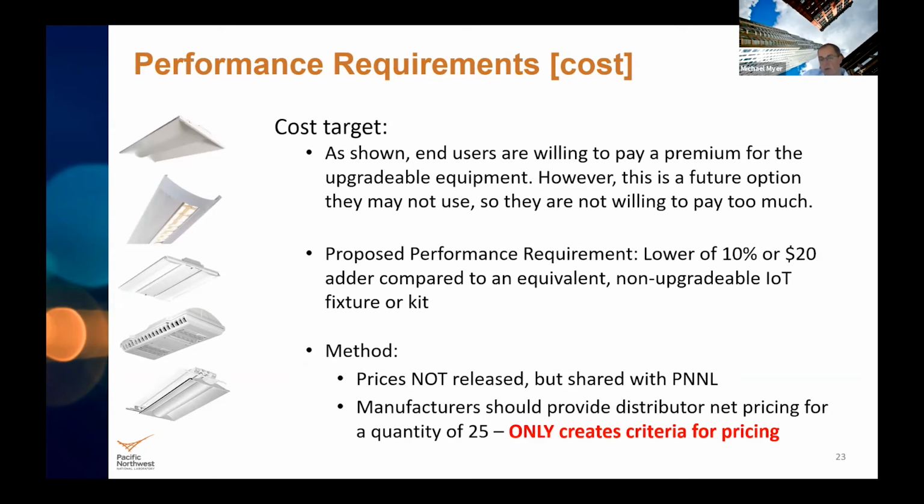We've done a fair amount of research on this, and we found that this is reasonably doable. Some manufacturers provided us feedback directly on some of the different components, and a 10% adder or $20, because those numbers can go different directions, is probably right around where it needs to be.